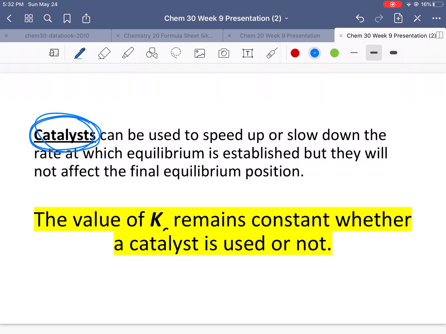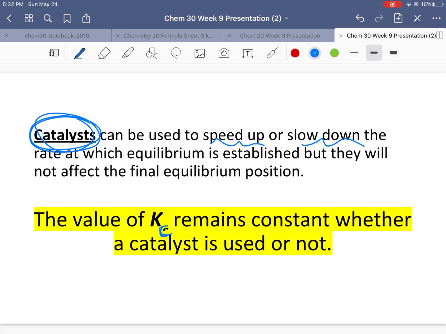So even though catalysts speed it up or slow it down, once you hit the equilibrium, the reaction is still set. So that's established regardless of if you reach it at a faster rate or a slower rate. Therefore, guys, a catalyst does not affect the equilibrium constant in any way. It simply will help you to reach equilibrium faster or slower.